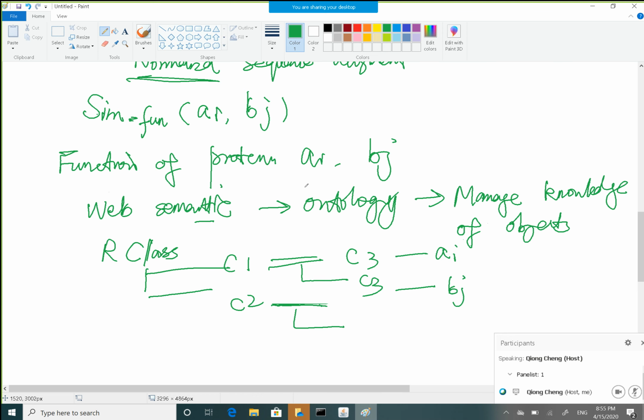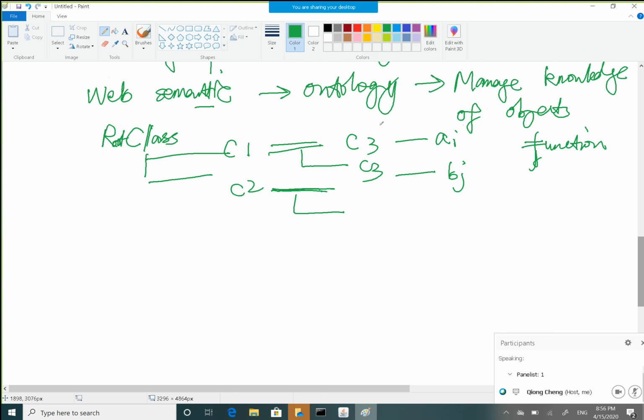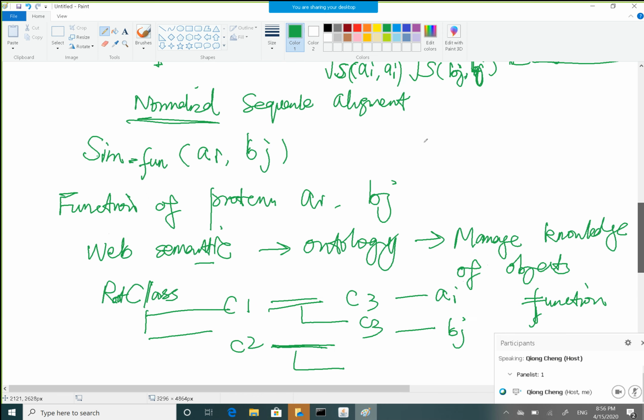In this ontology, because it manages the knowledge of objects from the function perspective, we can calculate the function similarity for AI and BJ.